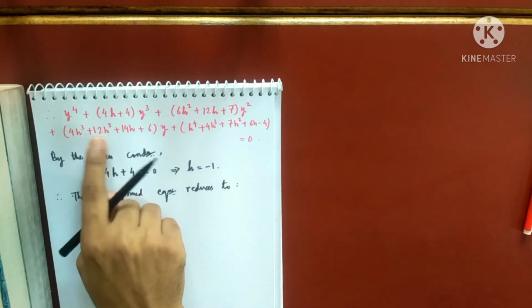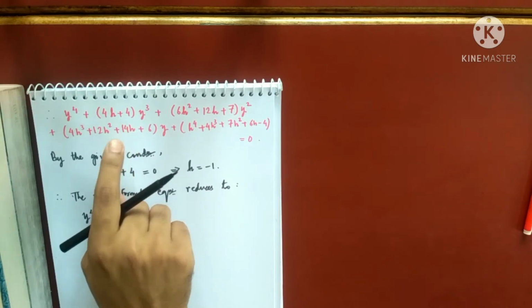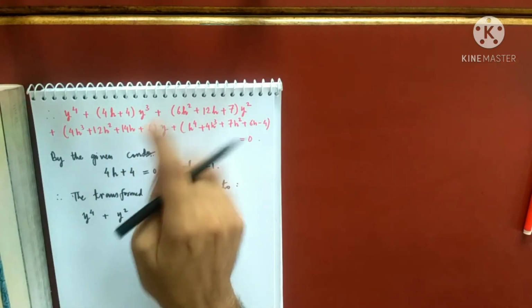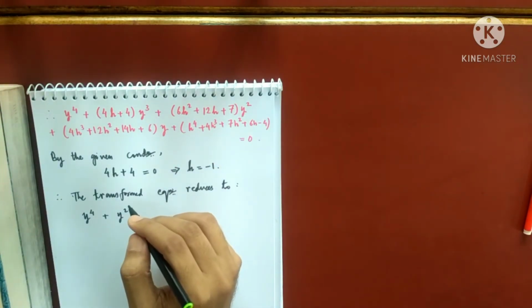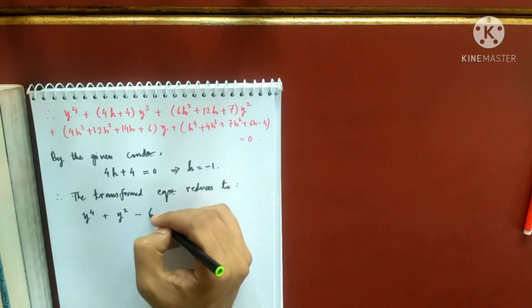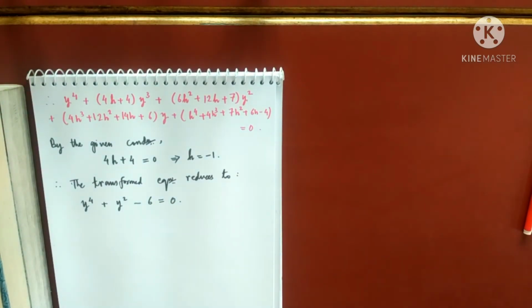So minus 4 plus 12, sorry, is plus 8. 8 minus 14 is minus 6. Minus 6 plus 6 is 0. So 0y, not to write. And here if you put h equals to minus 1, you will get minus 6, you may check. So this is my transform equation according to the given condition.